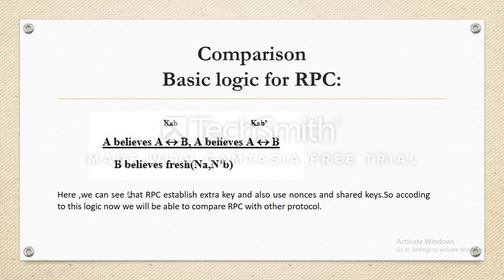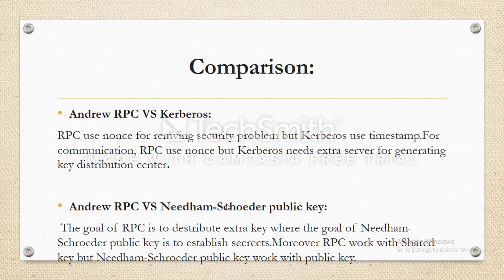Now we'll see the comparison. We know that there are four protocols: RPC, Kerberos, Needham-Schroeder, and CCITT X.509. At first we'll see RPC versus Kerberos.